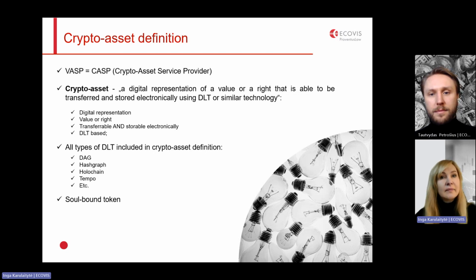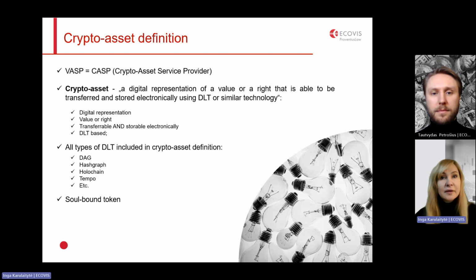Then, secondly, the representation must be of a value or a right. So again, that digital representation has to grant something to the holder. Then the third point is that the representation of a value or a right must have the ability of being transferred and stored electronically.